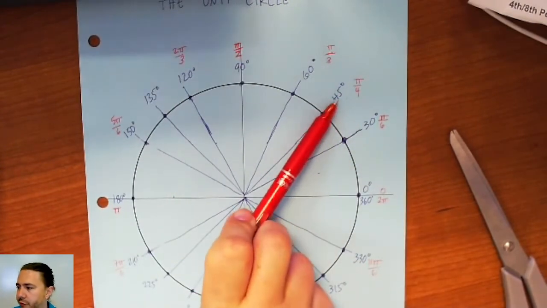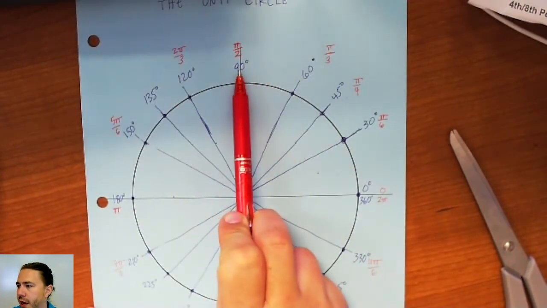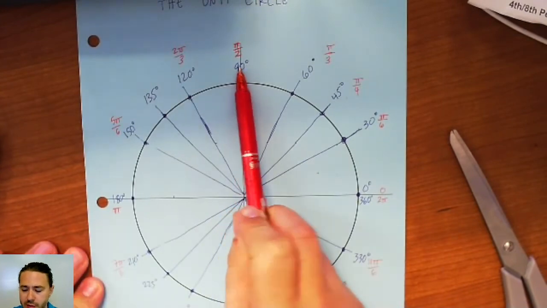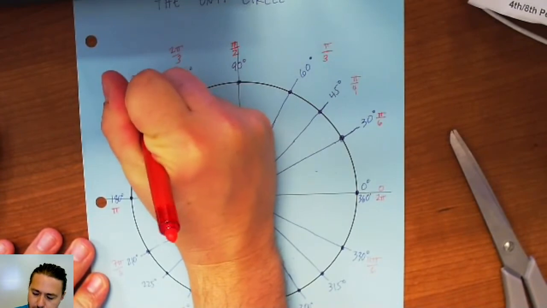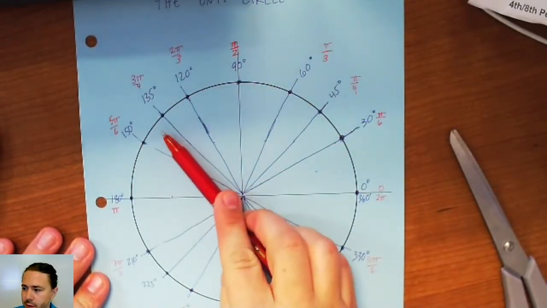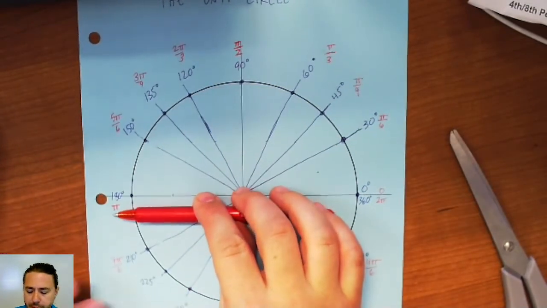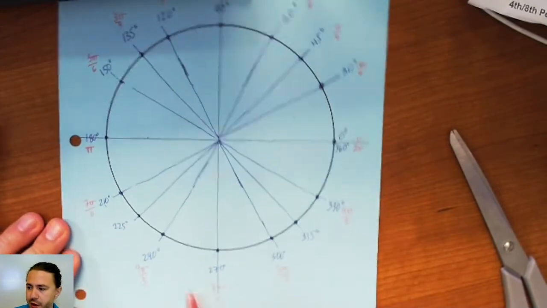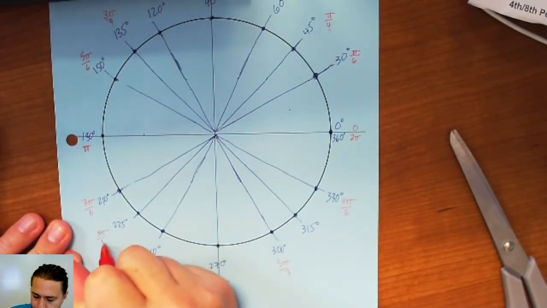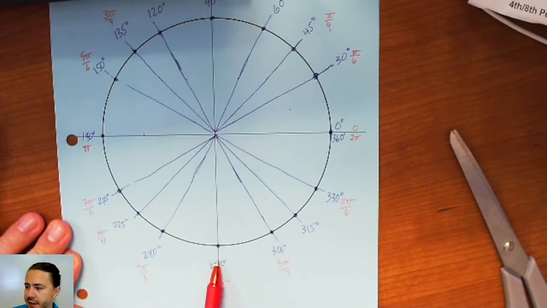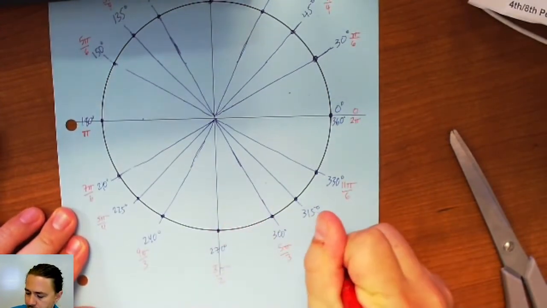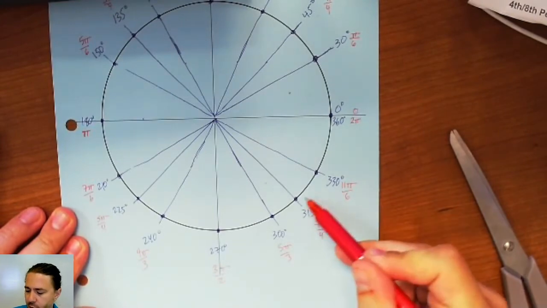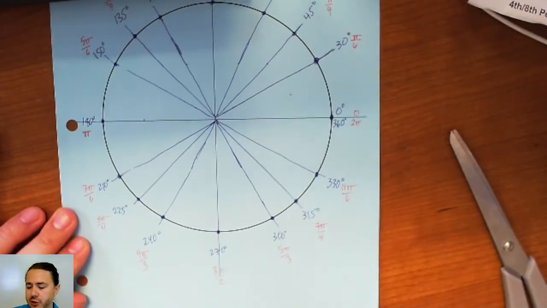So this is 1 pi over 4, 2 pi over 4, which reduces, 3 pi over 4, 4 pi over 4, which is 1 pi, 5 pi over 4, 6 pi over 4, which reduces, 7 pi over 4, doesn't reduce, and all the way around would be 8 pi over 4, which reduces to 2 pi.